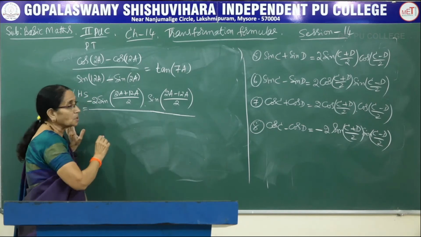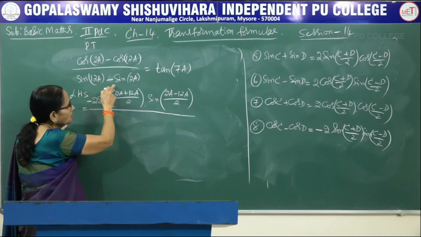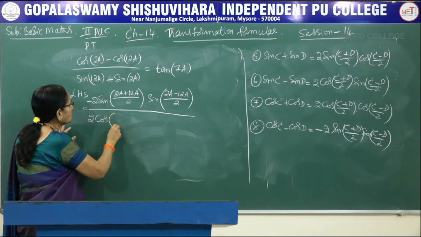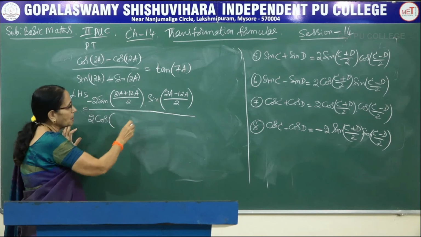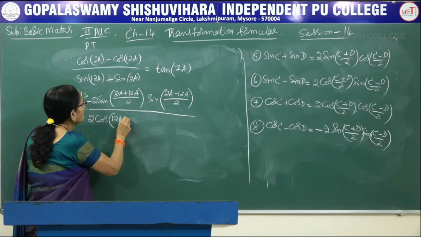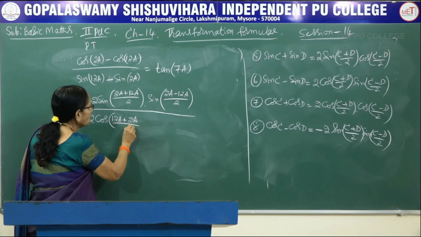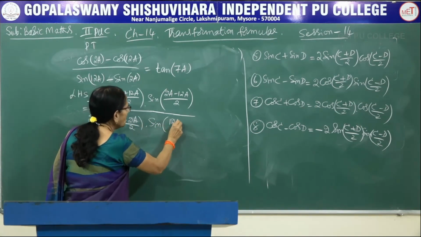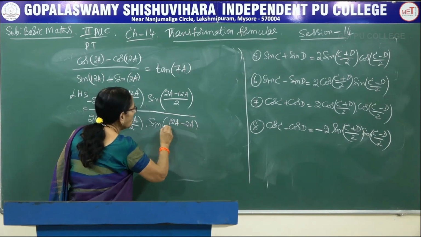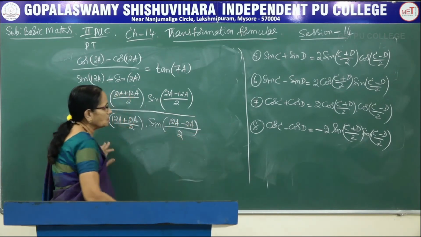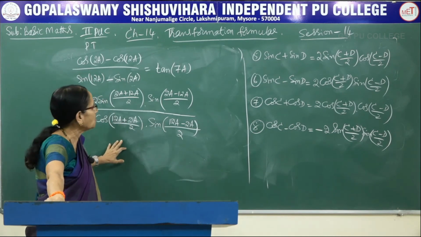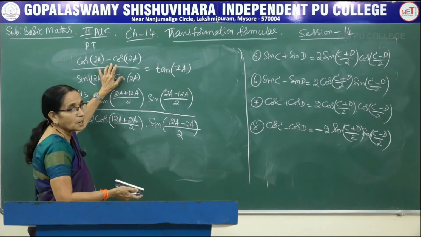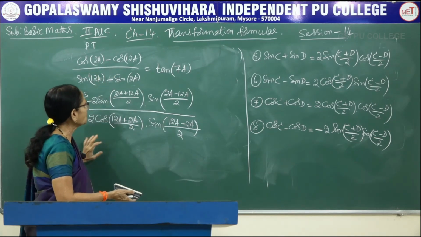Now come to the denominator, sin c minus sin d. We go to the 6th formula: 2 times cos of (c plus d) by 2, (12a plus 2a) divided by 2, into sin of (12a minus 2a) divided by 2. So, we have just applied the formula here, the 8th and the 6th, because it is of the form cos c minus cos d, and this is sin c minus sin d.